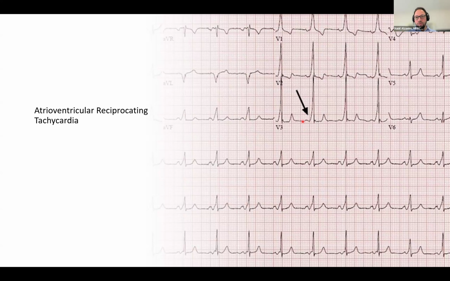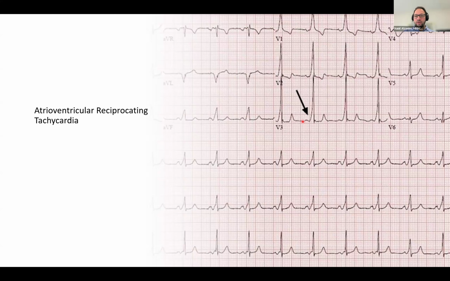So atrioventricular reciprocating tachycardia, or AVRT, is an accessory pathway mediated tachycardia that's often observed as pre-excitation. You will see the delta wave in the EKG here.